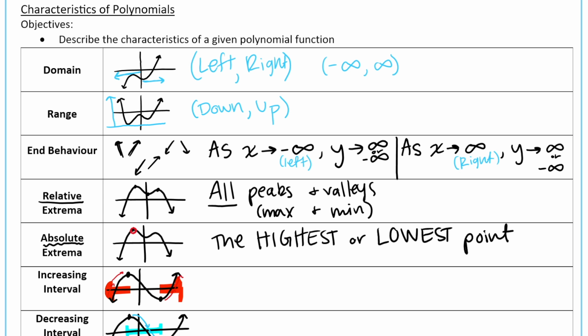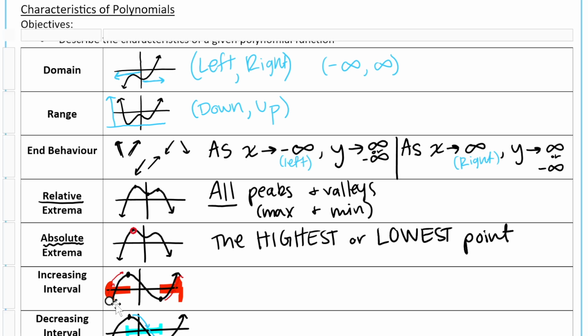Okay, so let's talk about the increasing interval. The increasing interval is talking about when your graph is going up. If you were to trace the graph from left to right, you start on the left and trace it, is your pen going up or is it going down at each point? On this graph, it goes up and then it goes down and then it goes up.